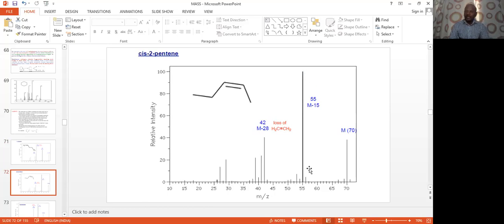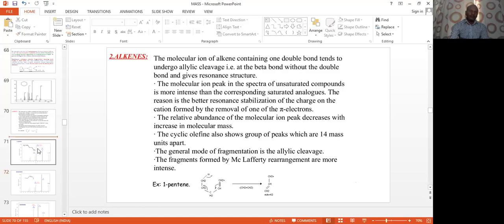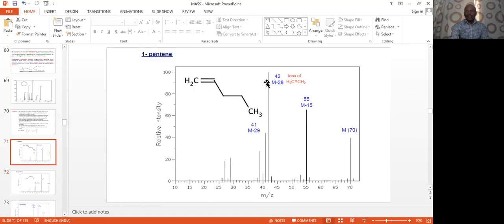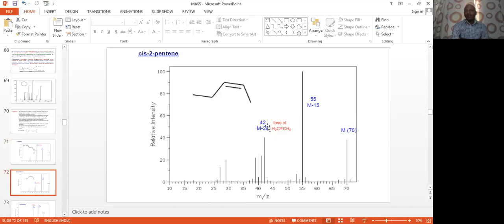Now you can differentiate whether it is a terminal alkene or not. If it is a terminal alkene, the m/z value 42 will be prominent. If it is not a terminal alkene, the m/z value 42, which represents the McLafferty fragment, will become less abundant, and the other peak, the M minus 15 peak, will become more abundant. Understood?